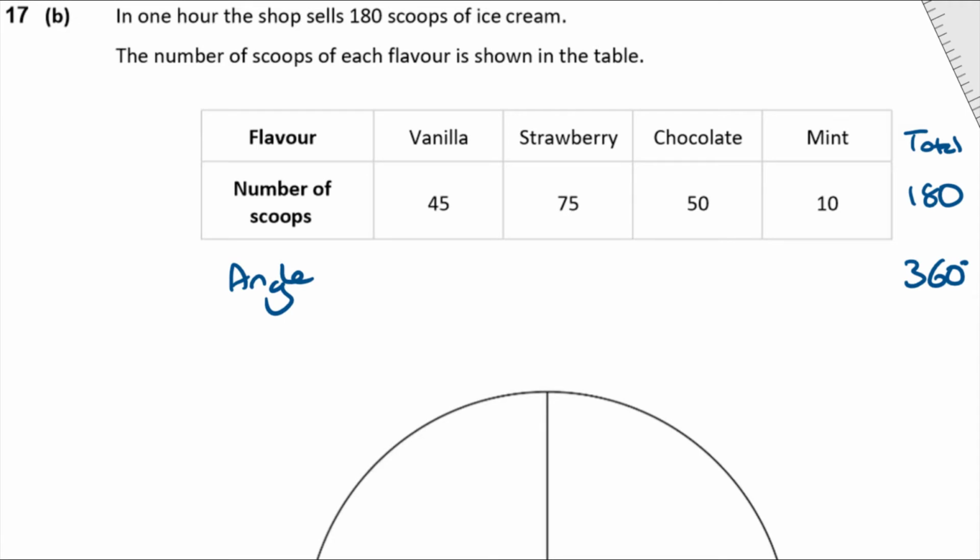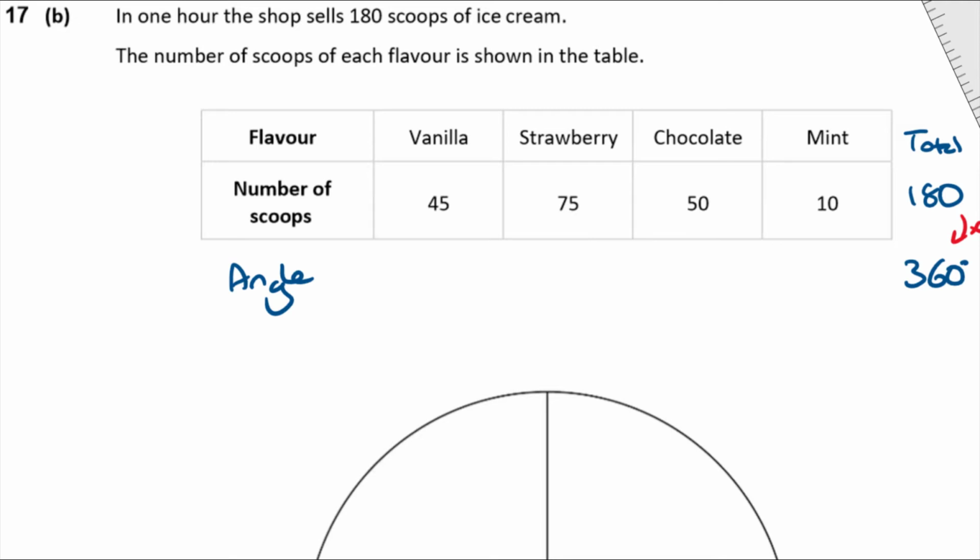Now you'll probably notice straight away that 360 is twice as big as 180. So that means we can use 2 degrees to represent 1 scoop of ice cream that was sold. Okay, so that makes it very easy to work out the various angles. We just need to double each of these.